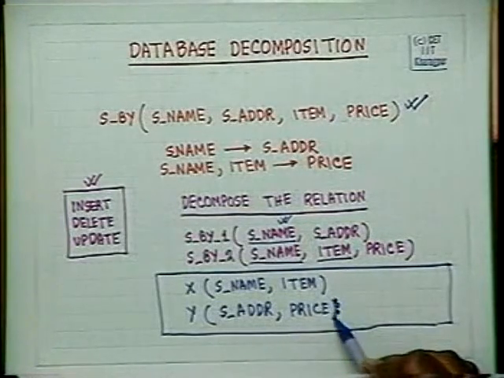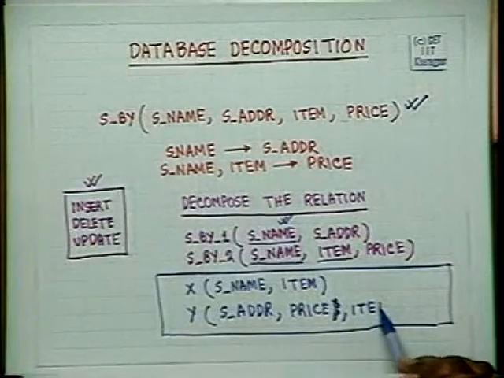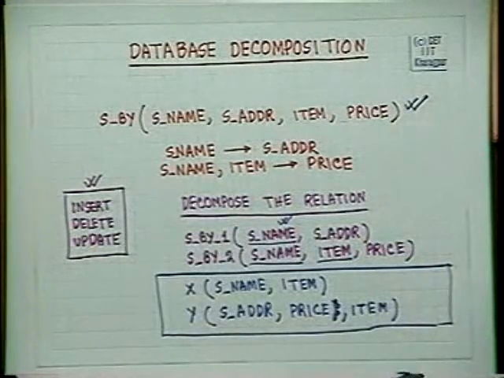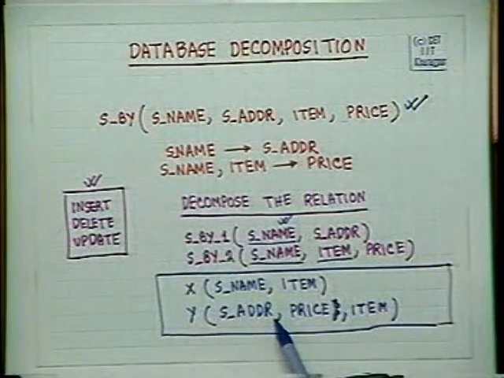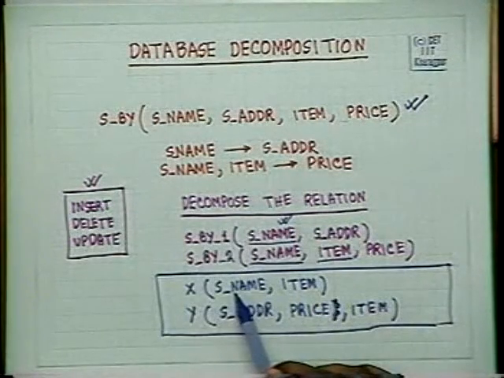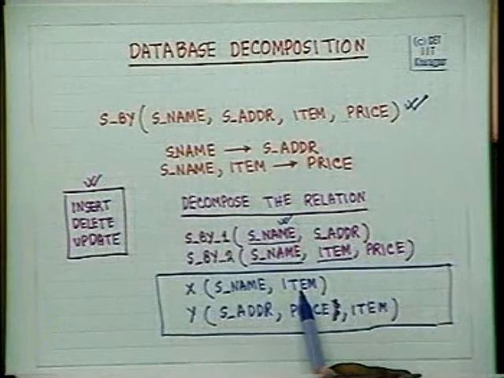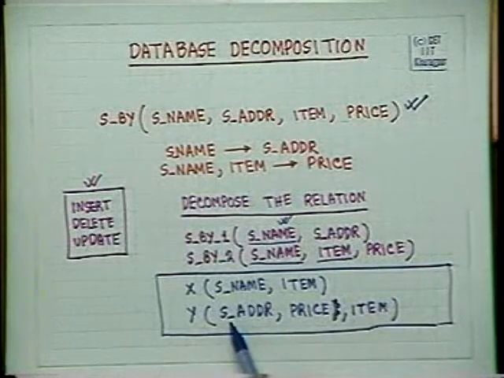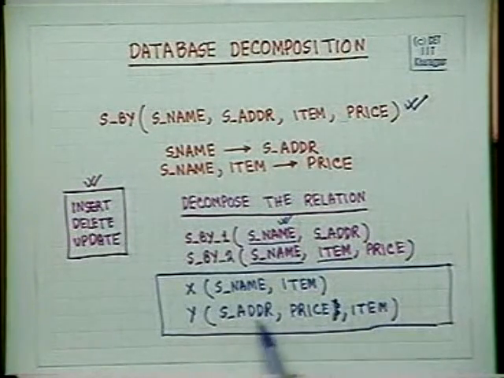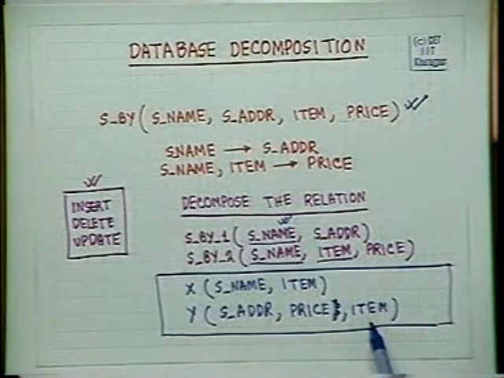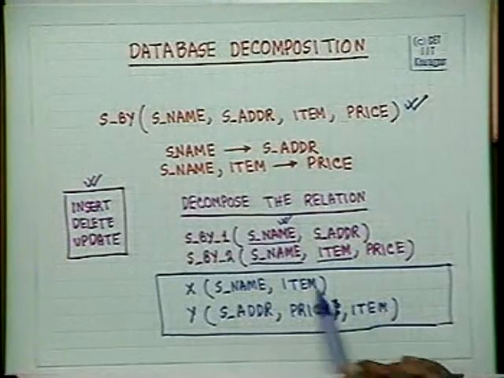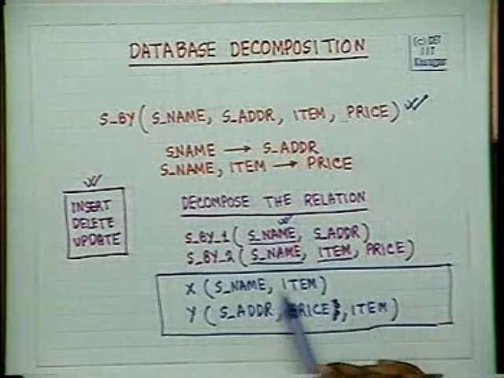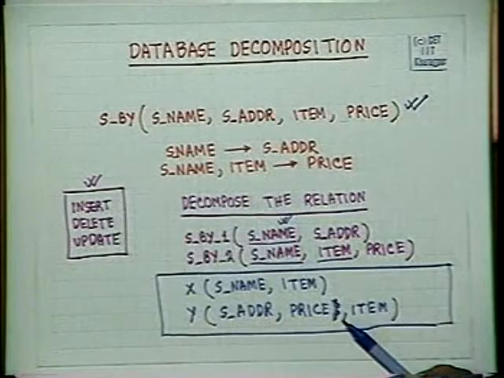Therefore, even if there was a common attribute item, even then you would not be able to get back a proper answer. For example, many suppliers may supply many items, and here also these items will be available from many addresses. So if you do a natural join from item to item, you can get any odd thing at all.